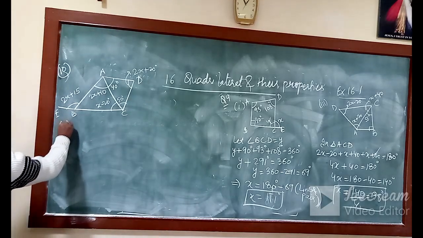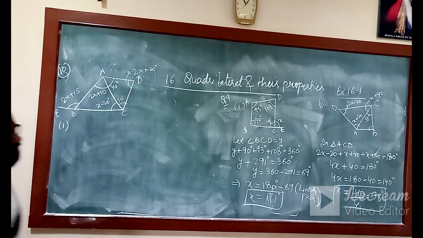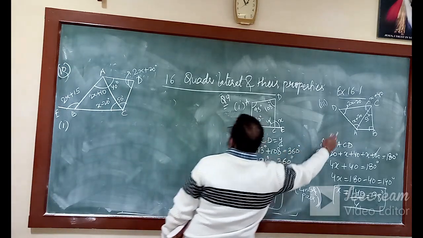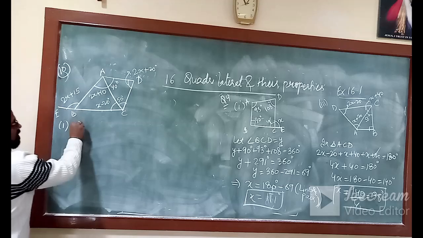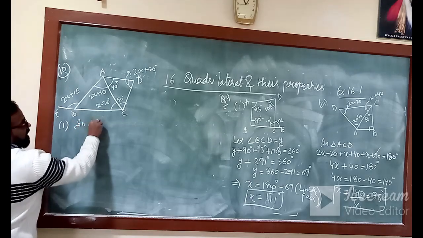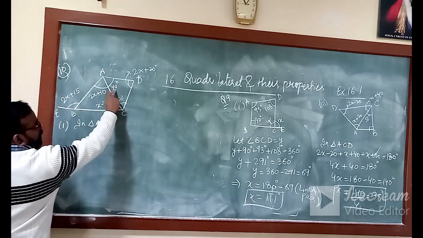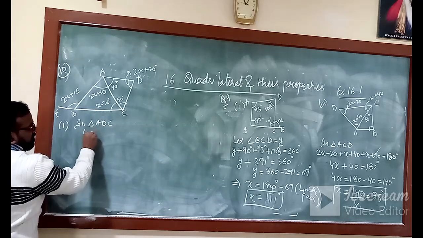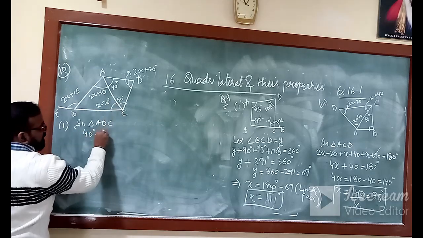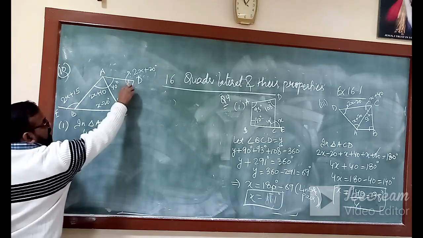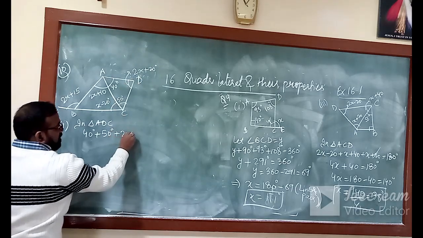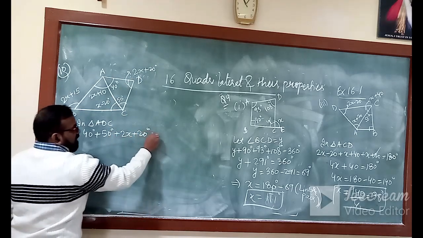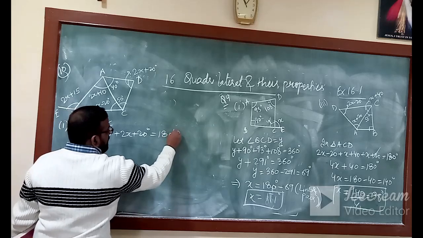For the very first part, like we have done in the previous question, similarly if you see triangle ADC, so 40 plus 50 plus this angle is 2x plus 20. So these are the angles of the triangle, it becomes 180 degree.